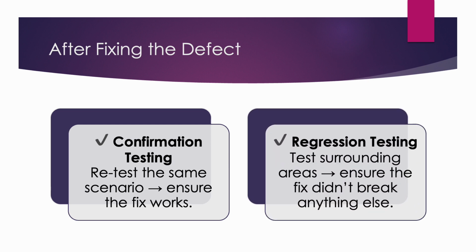Second, regression testing. Here, you test related functions or nearby features to ensure the new fix didn't break something else unintentionally. Whenever code changes, regression is essential. It prevents fix one, break two scenarios.